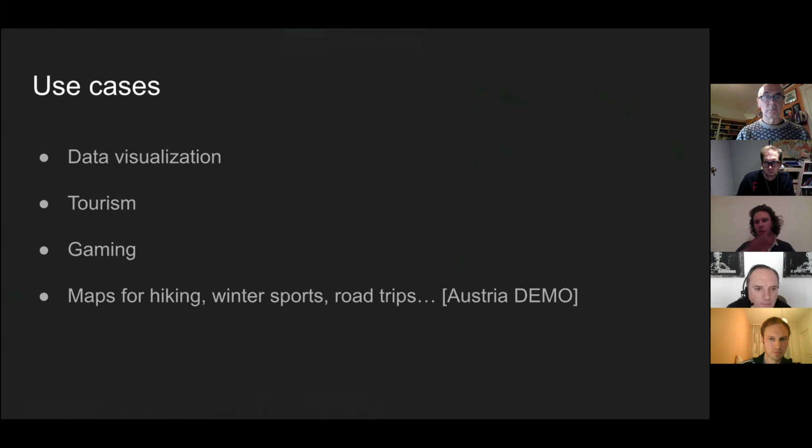So it's a bunch of bar charts distributed over space, and it animates them over time, and that looks really nice. Another use case is tourism. So if you're going to show someone where your hotel or your ski resort is, then it's really great to be able to show them that in 3D.